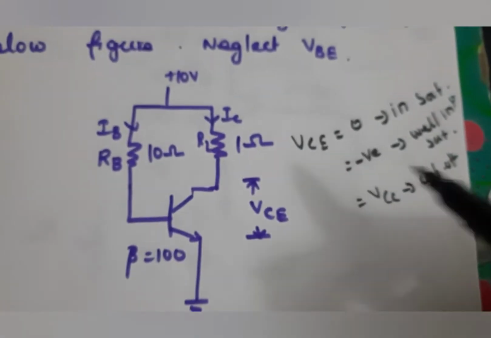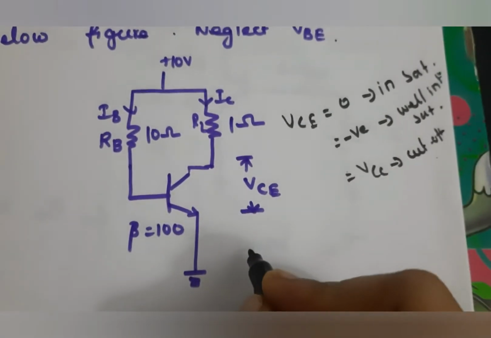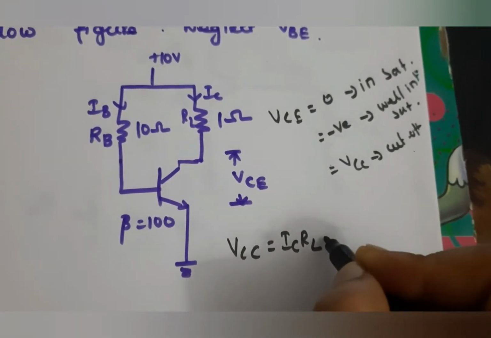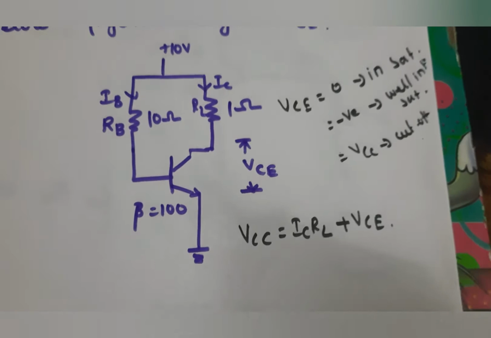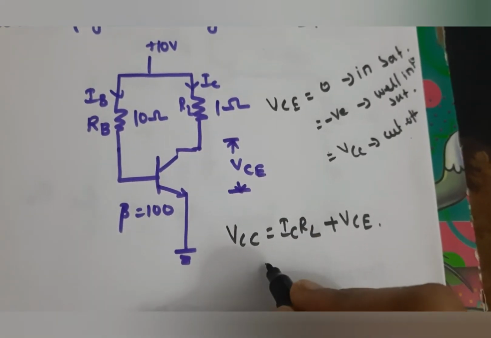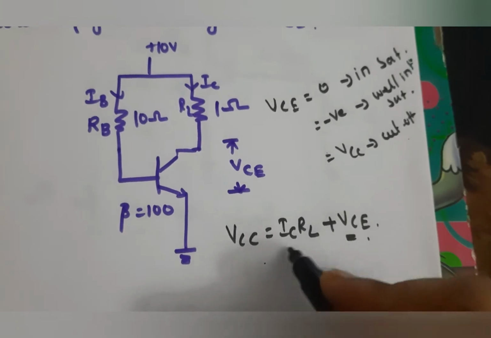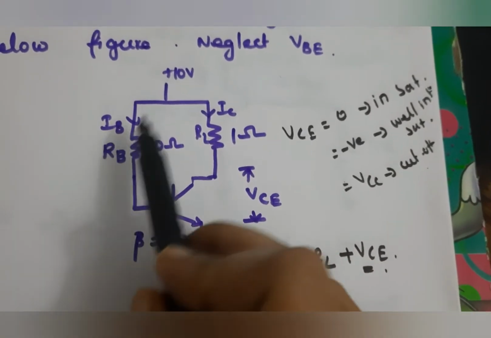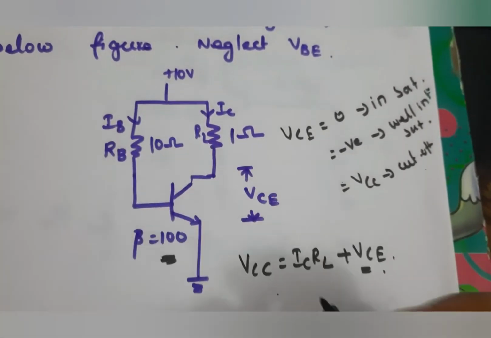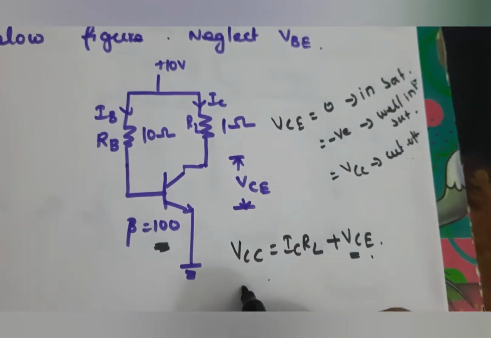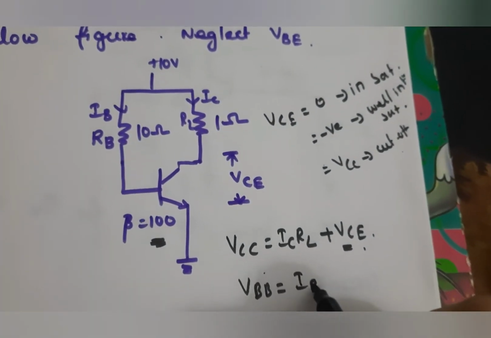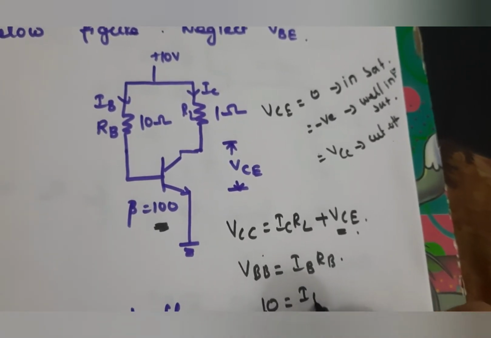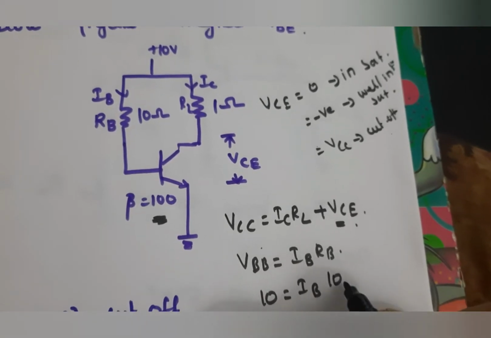So consider this loop. We can write VCC equal to IC RL plus VCE, and we have to find the VCE value. For that we need the IC value, neglecting VBE, and using this loop, VBB is equal to IB RB, where VBB equals 10 volt and RB is 10 ohm, and we have to find IB.